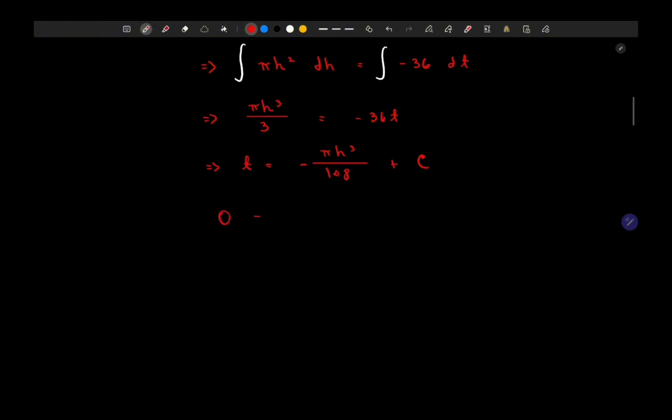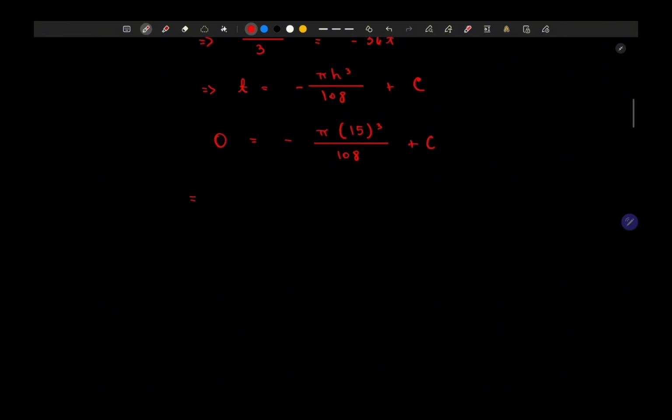So when t is 0, the value of h is 15. So it's 15 cubed over 108 plus c. From this we can find out the value of c. So the value of c would be 125 pi over 4.